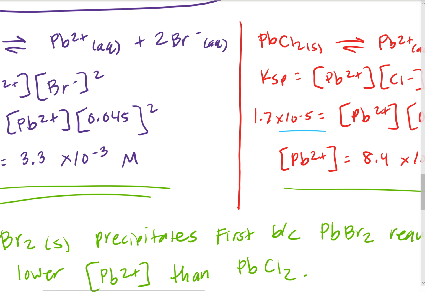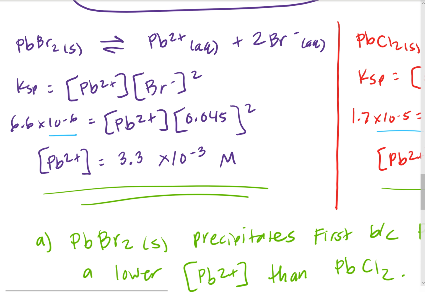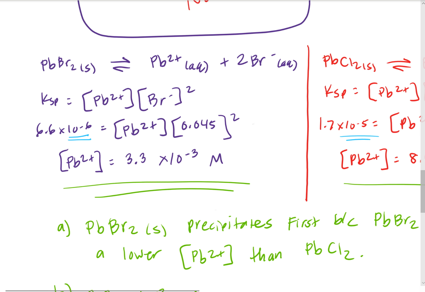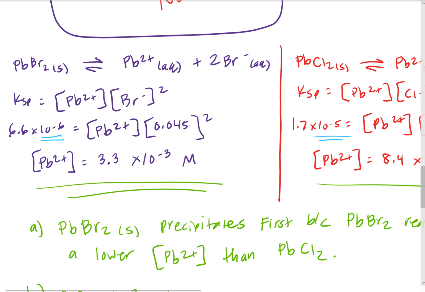Whichever one had the smaller KSP value was going to precipitate first, and that was the lead bromide. It's 10 to the negative 6, whereas the lead chloride was 10 to the negative 5. So that 10 to the negative 6 value is the smaller one, which really means lead bromide is less soluble than lead chloride. So it does make sense.